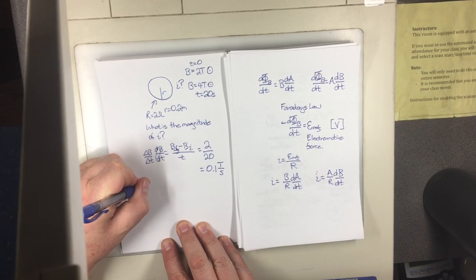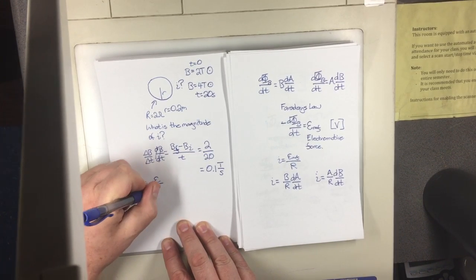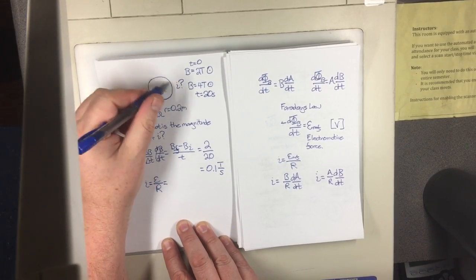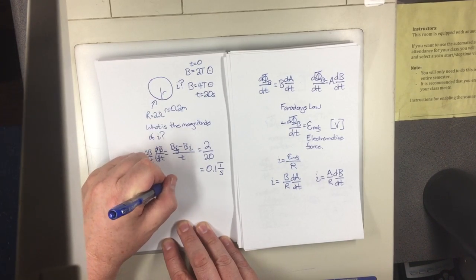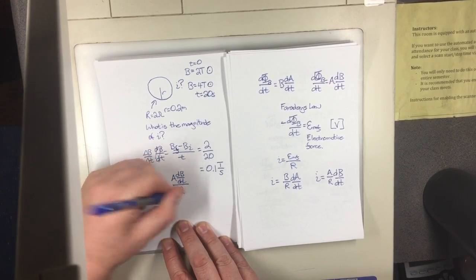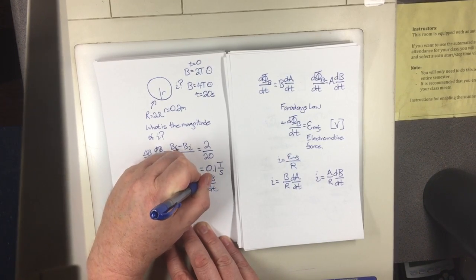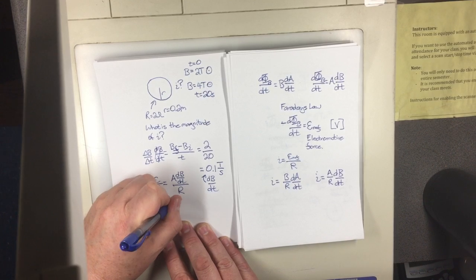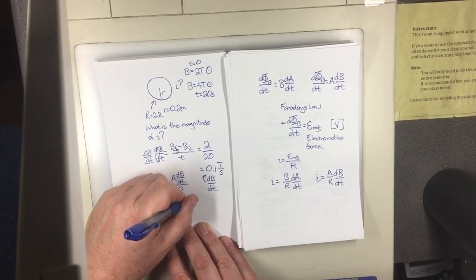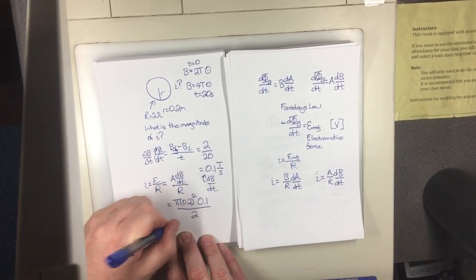I know that the current magnitude is the electromotive force magnitude divided by the resistance. The area is constant, but the B field is changing, so that means we're using A dB dt over resistance. Now, dB dt is just 0.1. So this is pi r squared, dB dt is 0.1, resistance is 2.